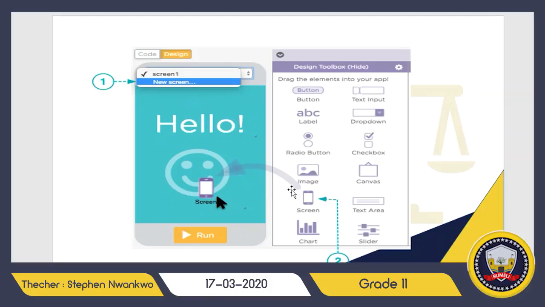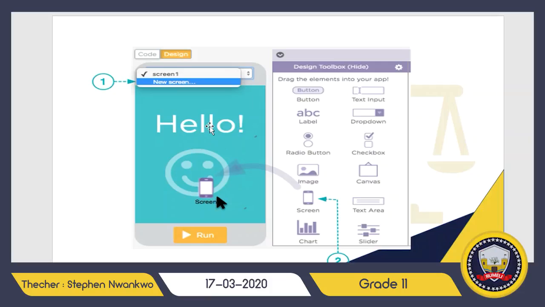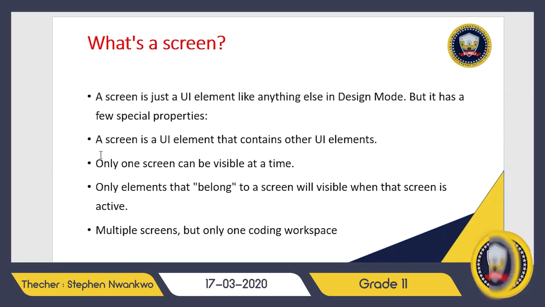And the image is also an example of a UI element. We have the hello. The hello is what? The hello is a label. And we also have the icon. The icon is part of what? An image. So that justifies the number one property of the screen, which says that a screen is a UI element that contains other UI elements.